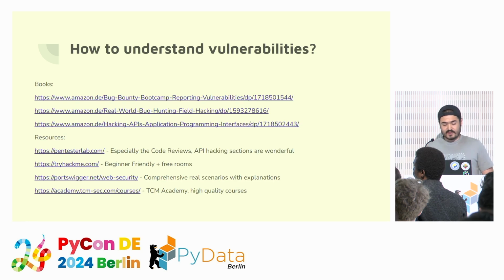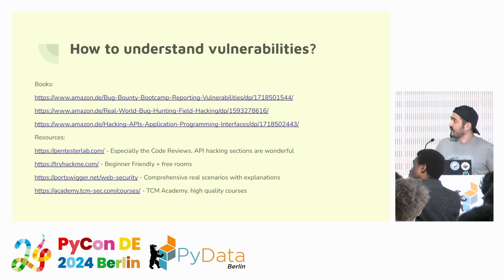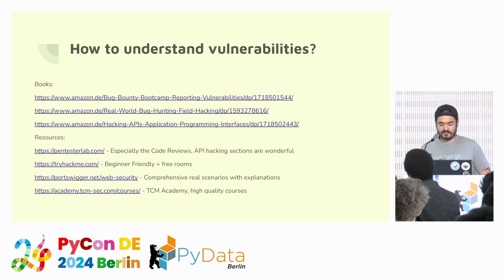The first one is Bug Bounty Bootcamp, and the second one is Real-World Bug Hunting. Basically, these books are written so that you read about a vulnerability, then they give a sample, and then you can possibly find the same thing, or at least understand that it is an existing vulnerability.